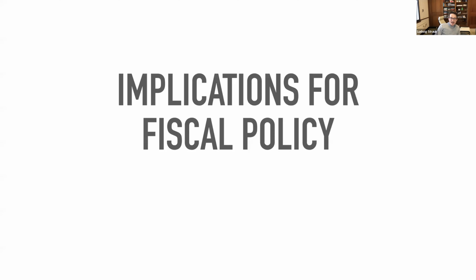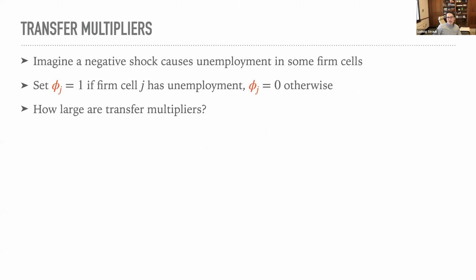Now, the crucial thing I want to highlight as the main finding is what happens when you look at the real side, specifically the real effects of fiscal policy. Imagine we have a negative shock, like the one I just showed you, that causes unemployment in some firm cells. And imagine not all firm cells have unemployment, meaning have rationing.